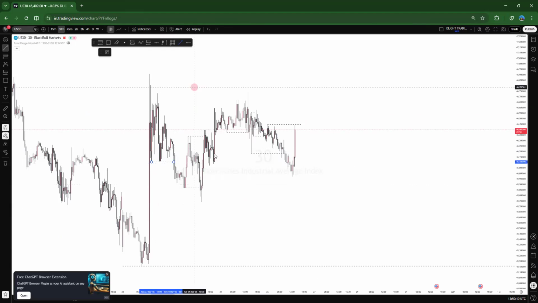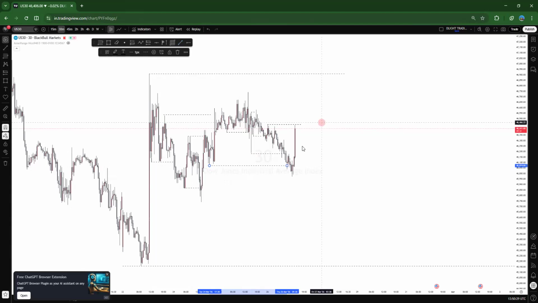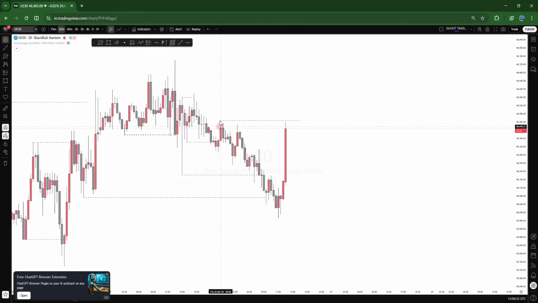Price came here but failed to take this particular high out, took this as a liquidity point. Then immediately a structural break, then broke this one, also broke this particular one. Now this should be acting as liquidity.